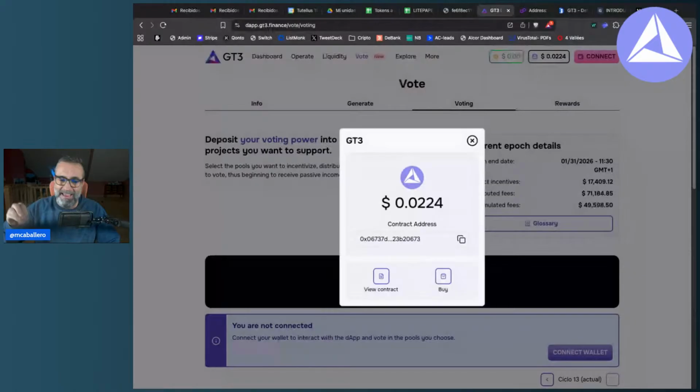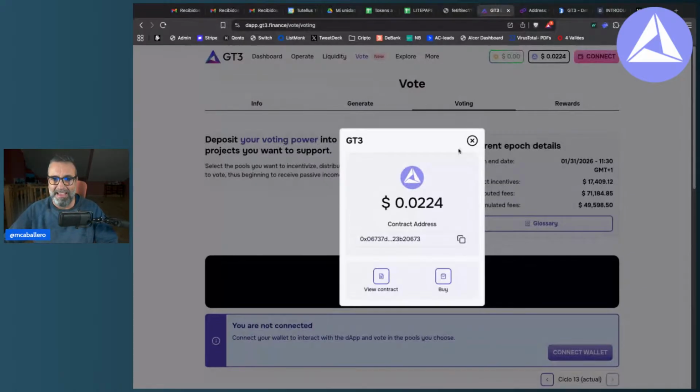So if I bought $160K in GT3, I would get 10% of the voting power. And this month, I would receive like $8.7K. So this is a very profitable model.